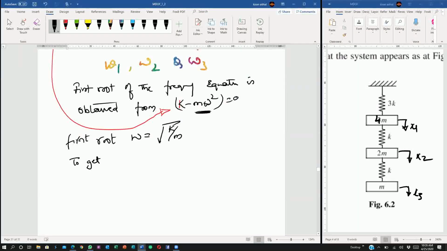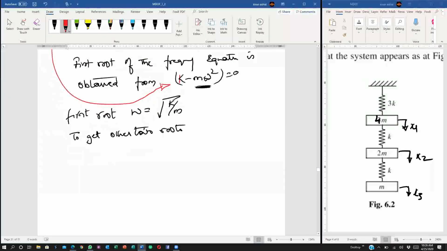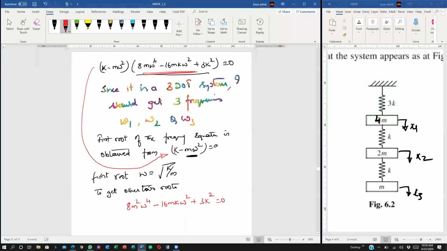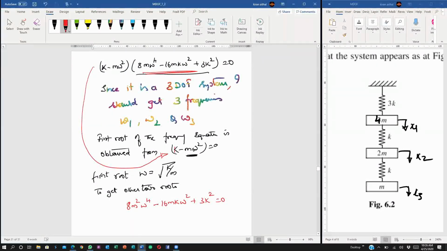To get the other two roots, I will use the equation 8m square omega to the power of 4 minus 16mk omega square plus 3k square is equal to 0. You can cross check here.